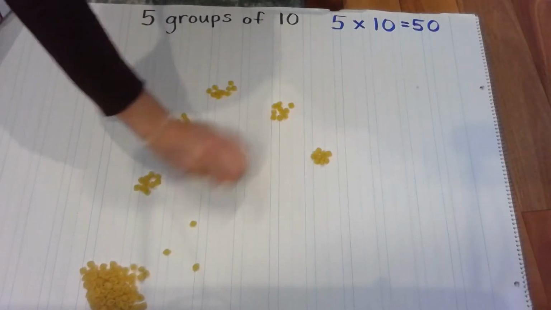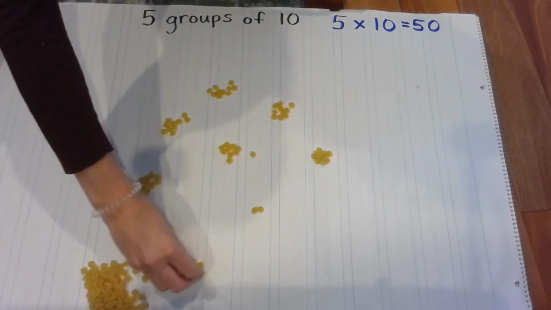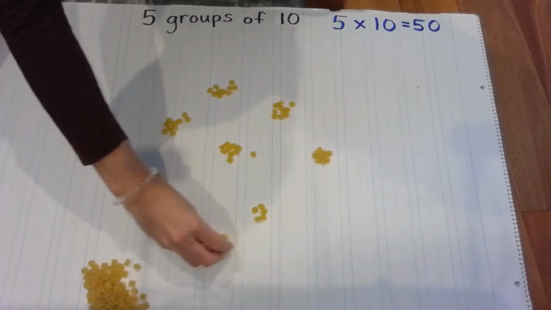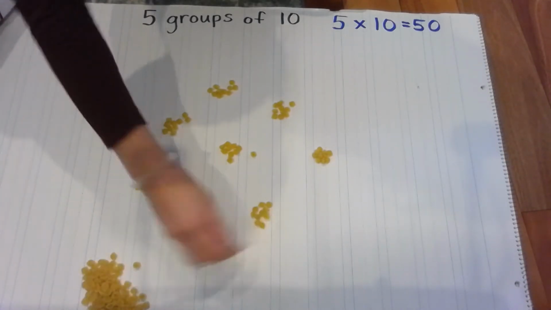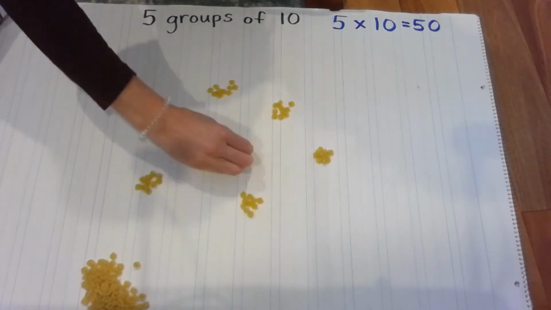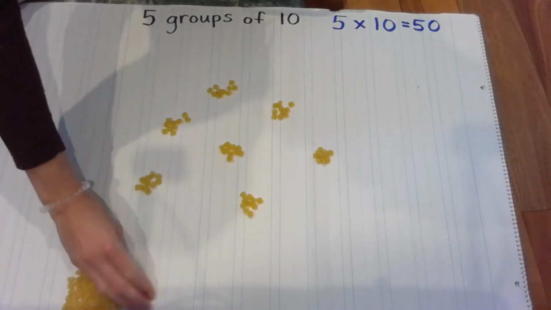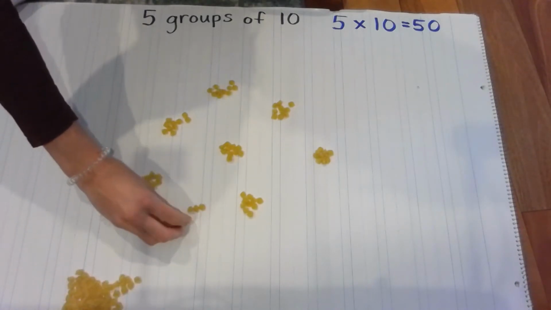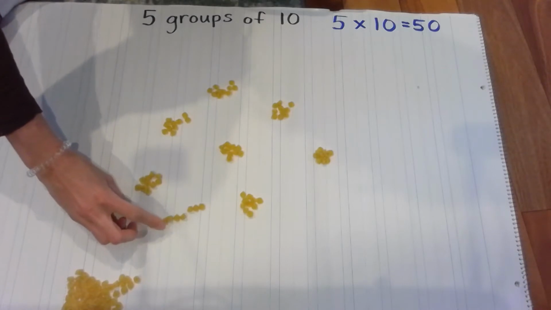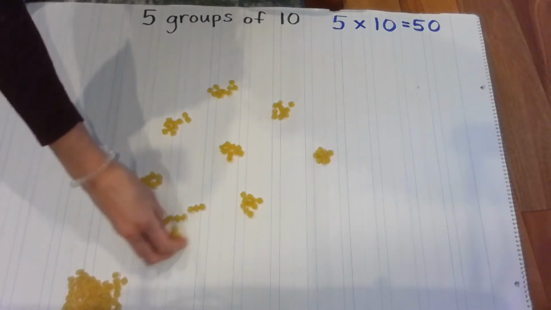We have another group. 1, 2, 3, 4, 5, 6, 7, 8, 9, 10. Another group of 10. Let's add one more, just to make it spicy. 1, 2, 3, 4, 5, 6, 7, 8, 9, 10.